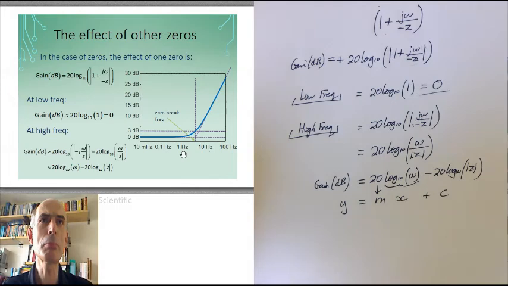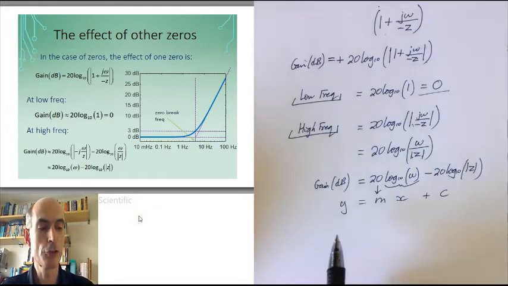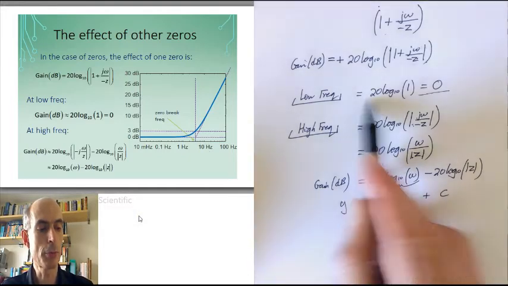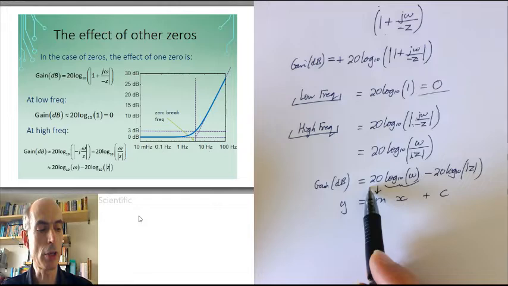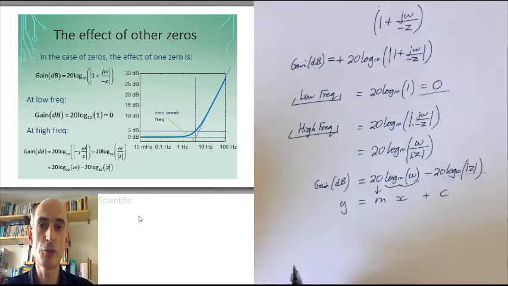Now, you can extrapolate both the low frequency and the high frequency approximations and end up with something known as the break or the corner frequency. And that occurs where the low frequency approximation and the high frequency approximation give you the same result.